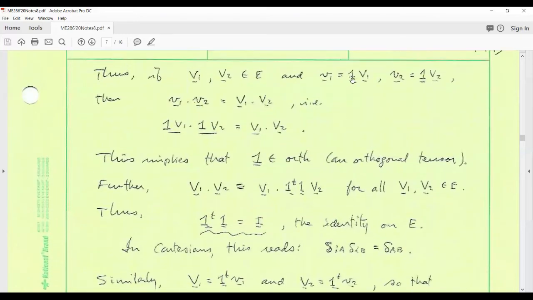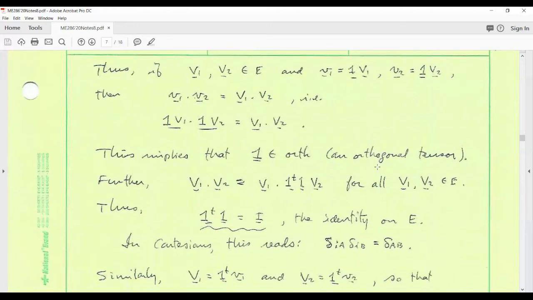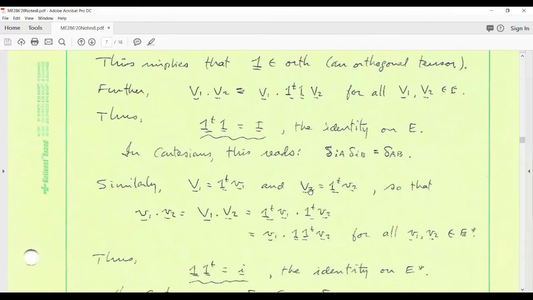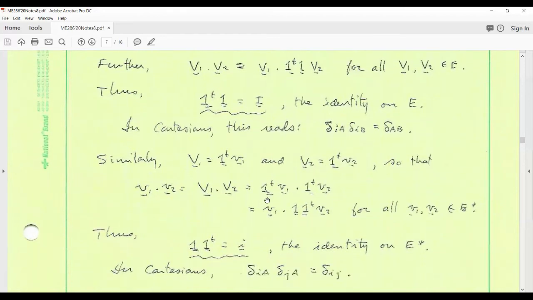Well, you can likewise solve these for capital V in terms of the small v's. 1 inverse now is 1 transpose because of the orthogonality. And then look at the dot product of small v1 with small v2. That's again cap V1 dot cap V2 because of the defining property of the shifter. That's 1 transpose small v1 dot 1 transpose small v2. Use the definition of transpose again, you get this.